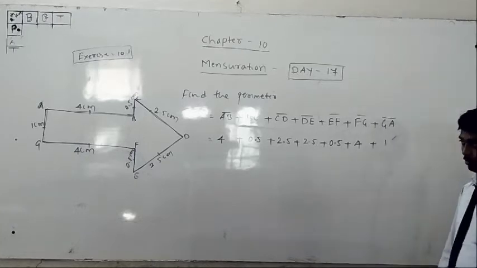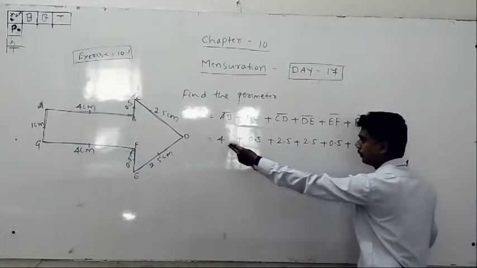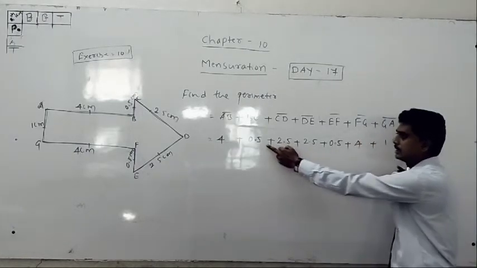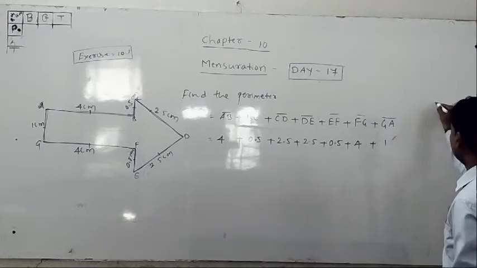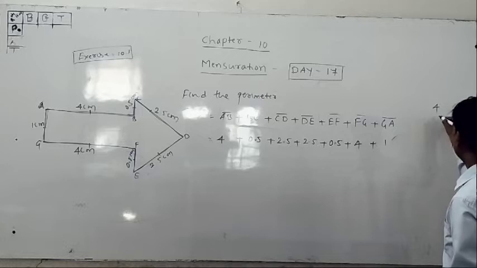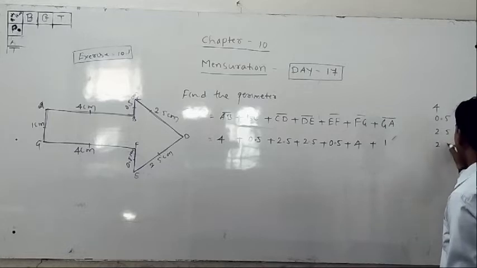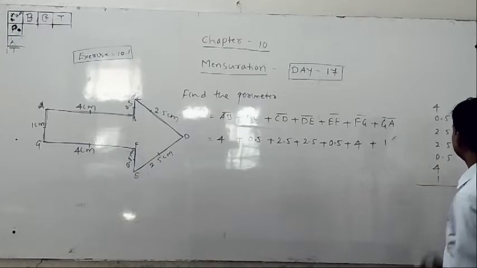Because the addition symbol is there, you have to add carefully. First of all, you should write 4, then 0.5, 2.5, 2.5, 0.5, then 4, then 1.